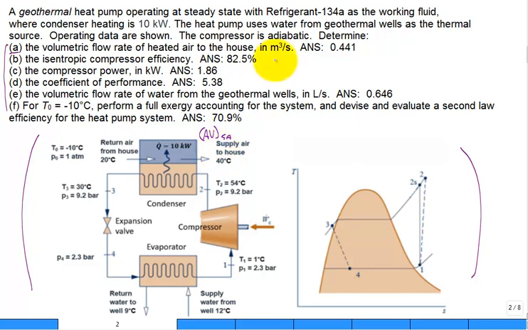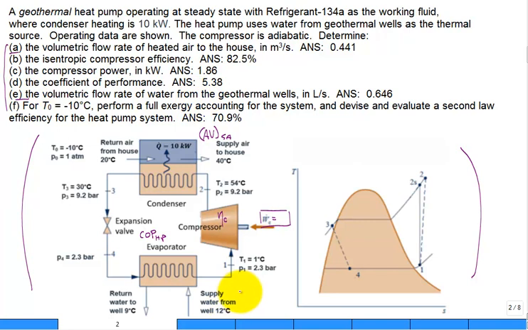That's for part A. The isentropic compressor efficiency. So get that efficiency of the compressor. The compressor power. Get this W dot of the compressor, the coefficient of performance, COP, of this heat pump system, and then the volumetric flow rate of water from the geothermal well.